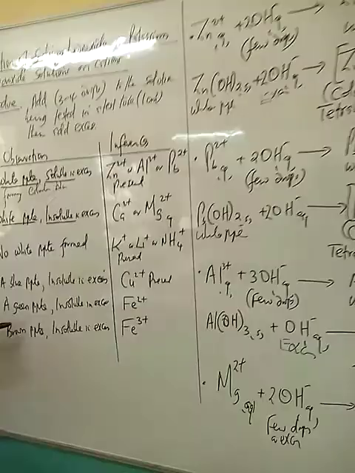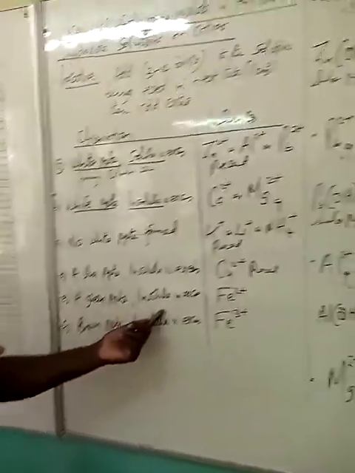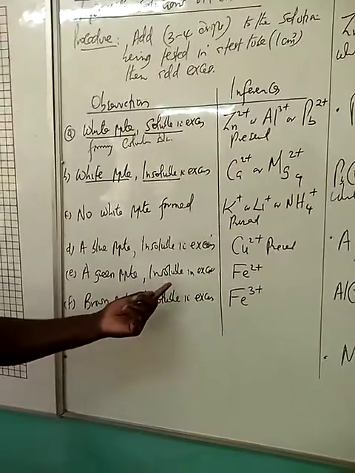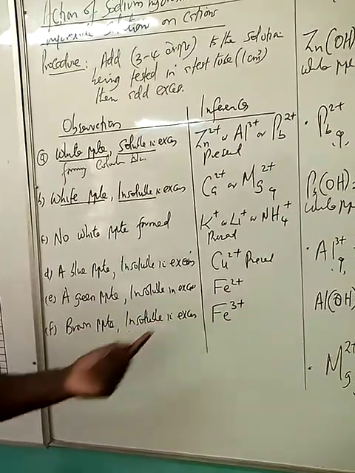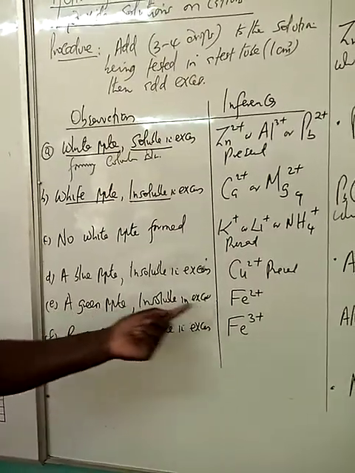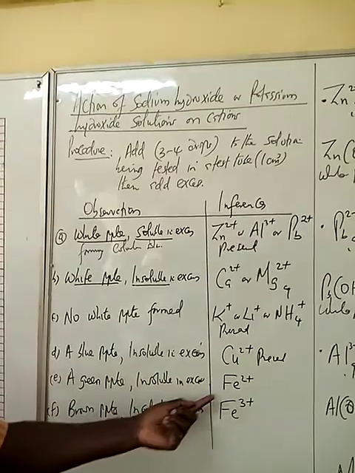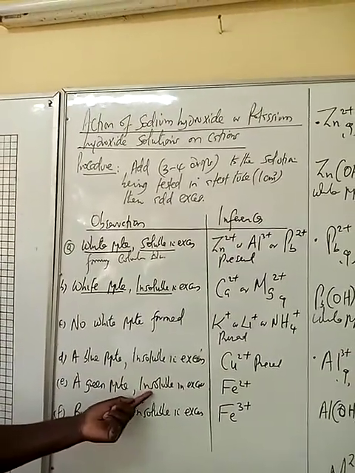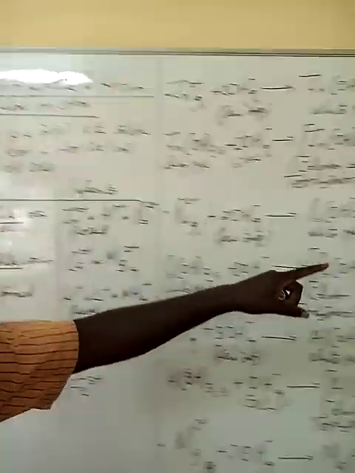If you get a green precipitate which is insoluble in excess, then the possible ion must be iron 2. Green precipitate, iron 2, because of formation of iron 2 hydroxide, and the precipitate does not dissolve because there is no complex ion formed. Look at the ionic equation.